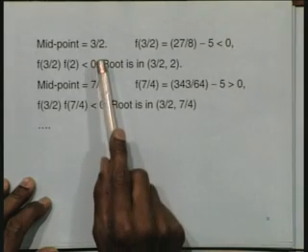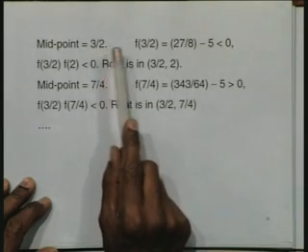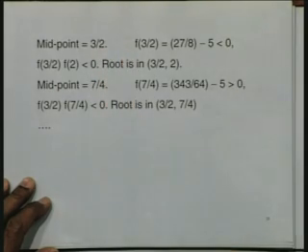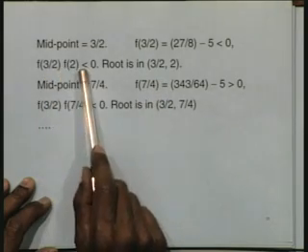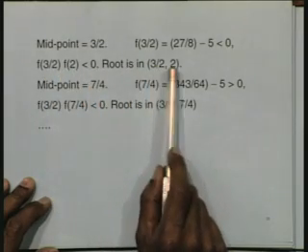Now I test whether the root lies between 3 by 2 and 2, because we have taken the interval as 1 and 2. So either it should lie between 1 and 3 by 2 or it should lie in 3 by 2 and 2. Now f of 3 by 2 times f of 2 is negative, therefore the root is in 3 by 2 and 2.